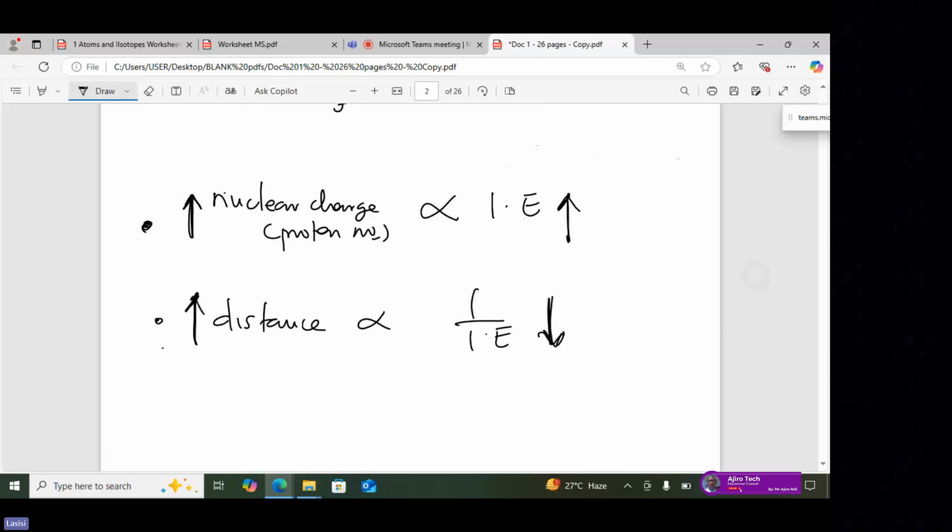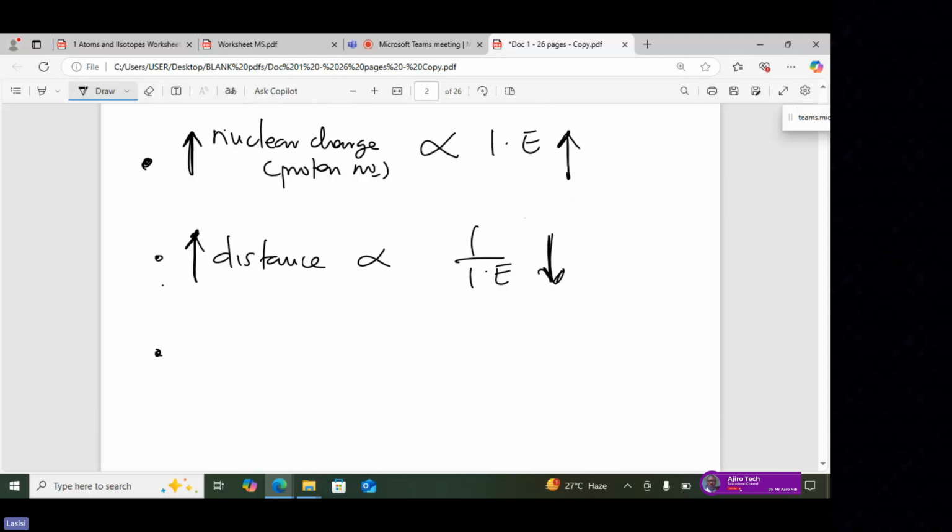Is that correct? Yes. And finally, the shielding effect is also inversely proportional: increasing, decreasing. Is that okay?